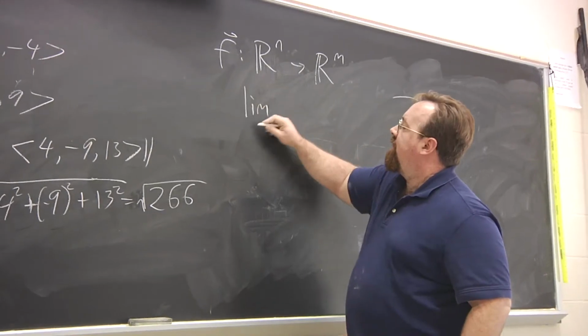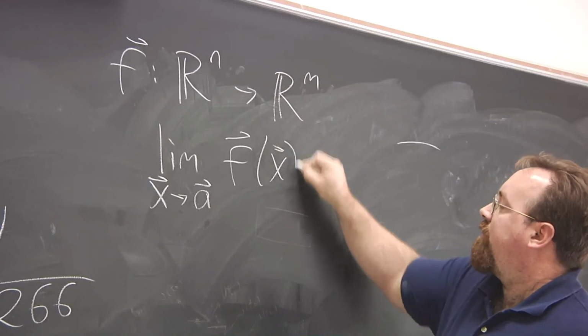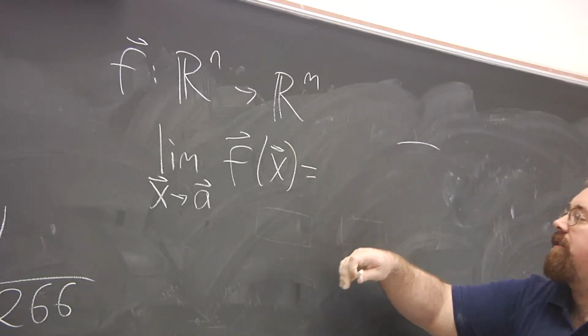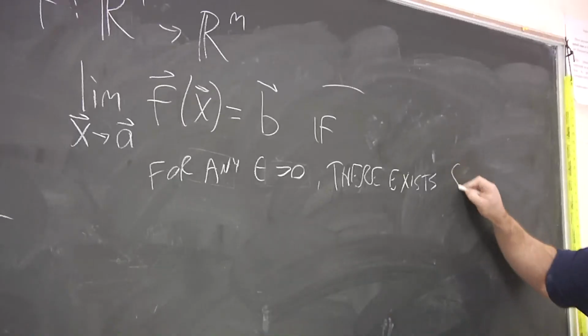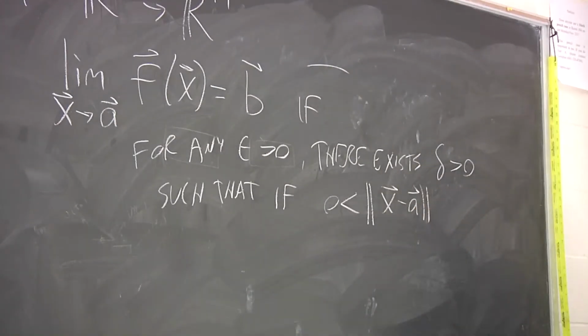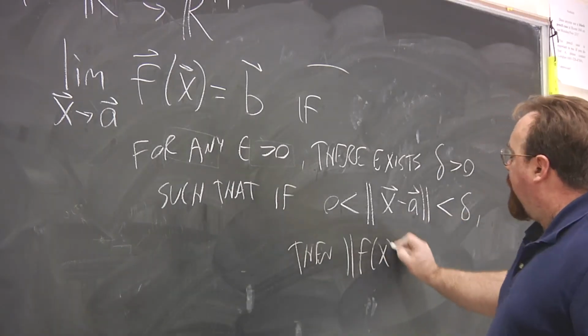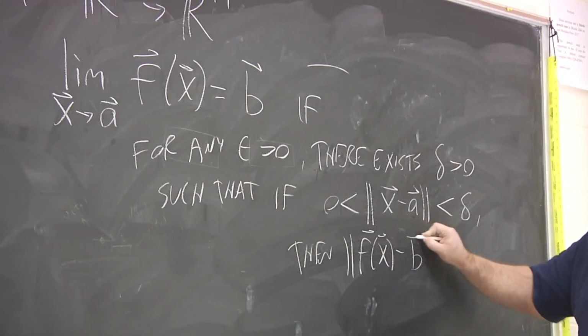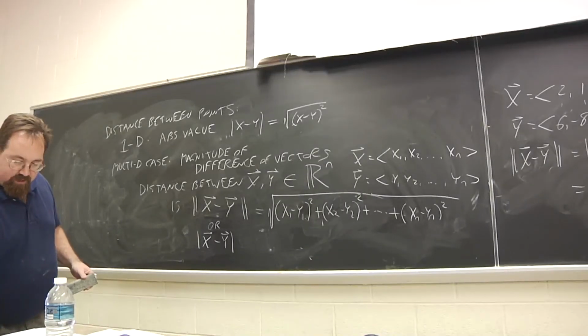Then you can say that the limit as x, which is now a vector quantity, approaches a, also a vector quantity, of f of x, which also could be a vector, everything here could be a vector, is equal to some vector b if, for any epsilon greater than 0, again no matter how small, there exists some delta, also positive, so that if the magnitude of the vector x minus a is less than delta, and again the vector x is not equal to a, it's just very close to it, then the magnitude of f of x minus b is less than epsilon. So it's exactly the same as the one-dimensional definition, only instead of absolute value, it's using the magnitude of a vector. Now, let's take a look at an example of how we can use this definition.